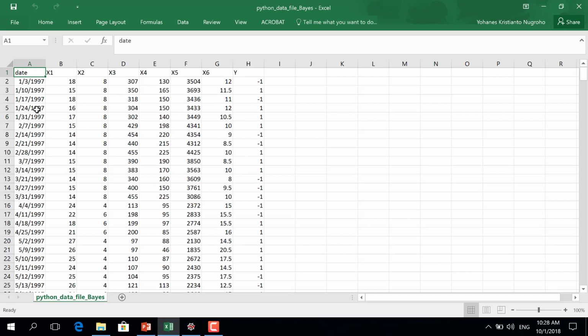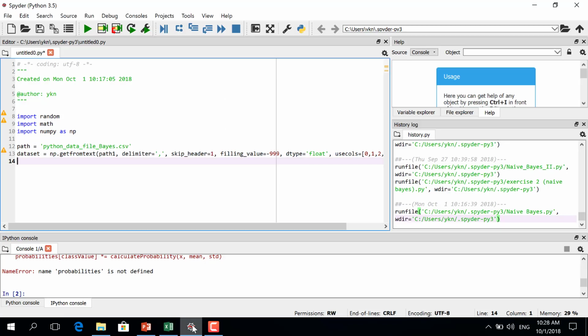Sorry, 7, but we have a rotate here. All right, and split ratio is equal to 0.67, means that 67 percent are for training and 33% for validation.